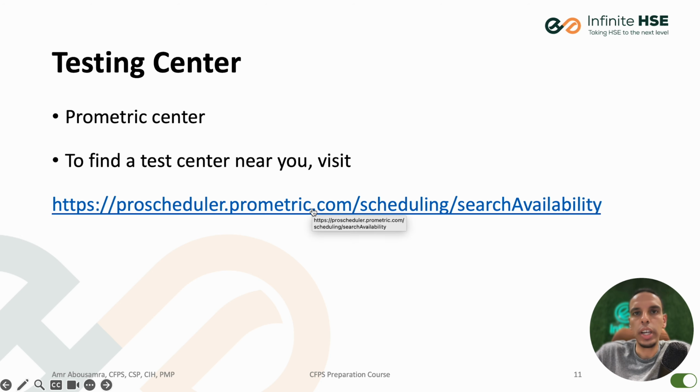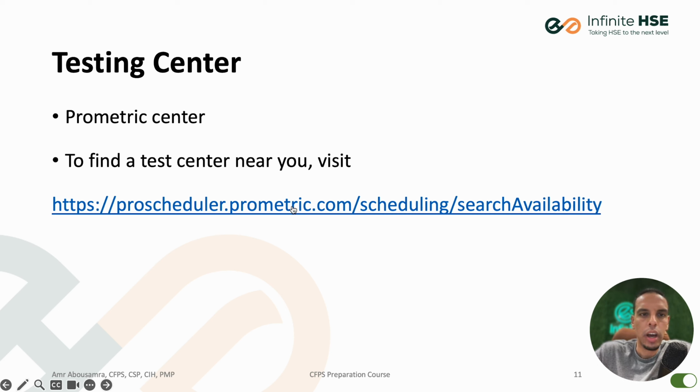When you insert your data or the city that you are living in, you will get the nearest examination center from your city. So you can book the available appointment there, then go to the examination center and take the exam.